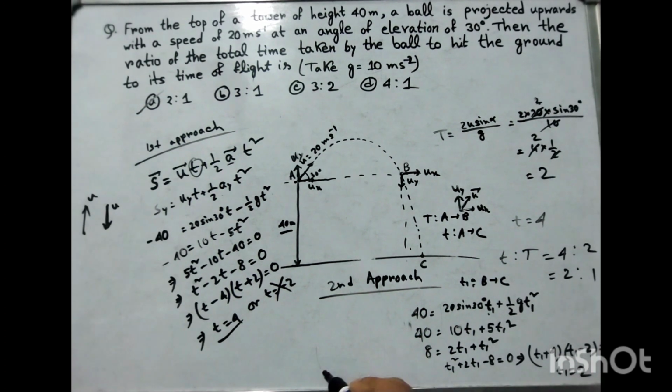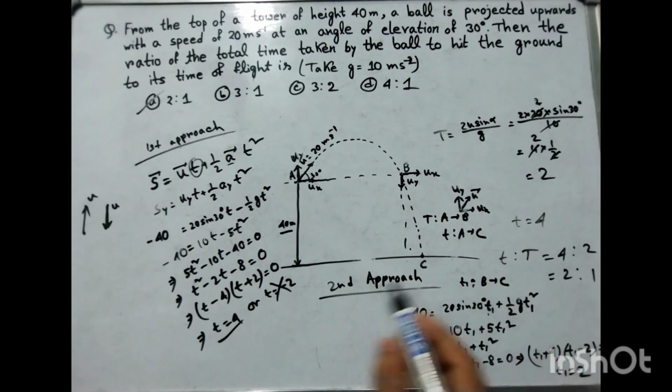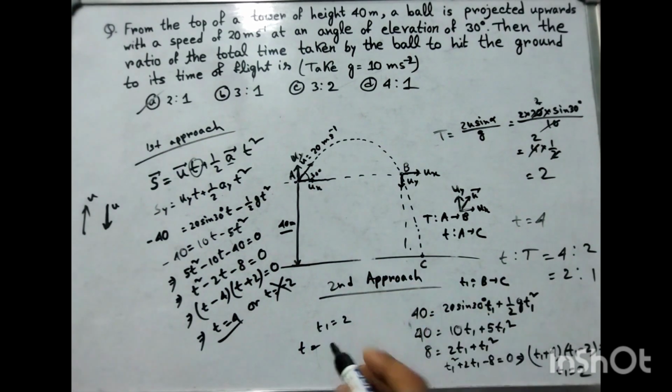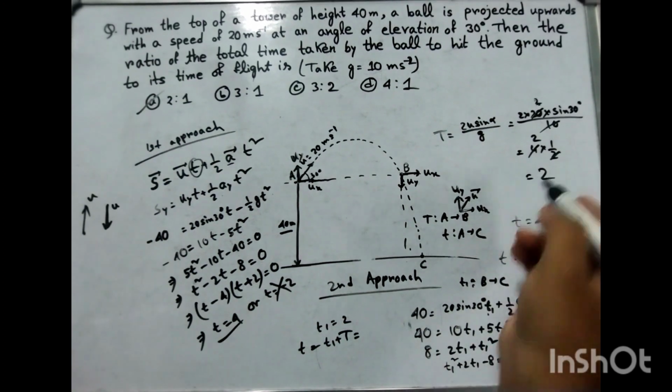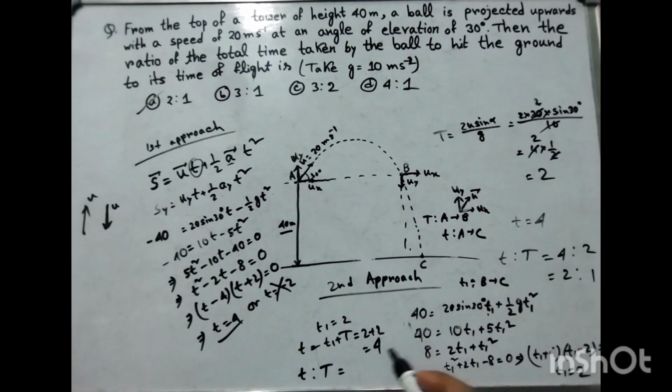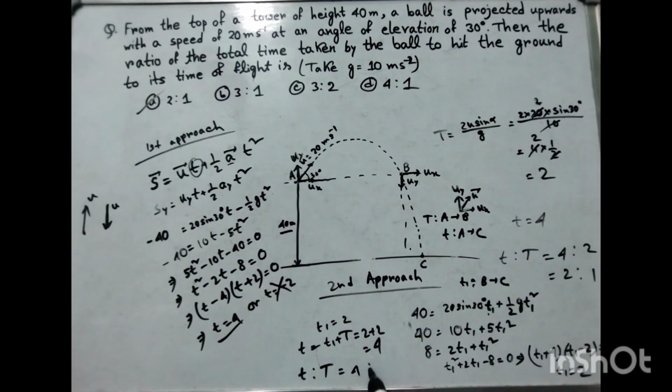So t1 equal to 2. That means if t1 is 2, then t is the whole time from A to C, so t will be t1 plus T, and T we know is 2, t1 is also 2, so 2 plus 2 will be 4, so t is to T will be again 4 is to 2, that is 2 is to 1.